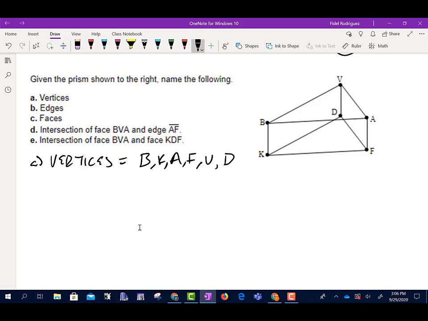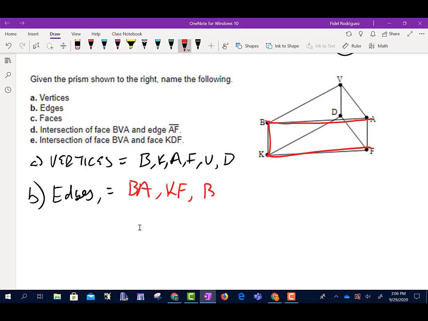Okay, now let's do part B. Part B are going to be the edges. Now remember, the edges are going to be our line segments. So look, here's 1, BA. Here's 2, KF. Here's another one, BK. Here's another one, AF.